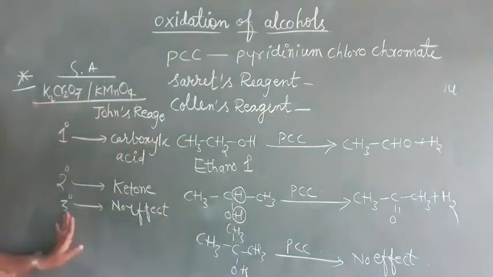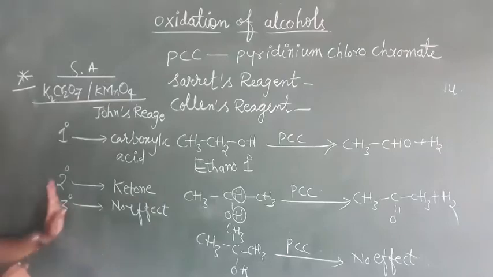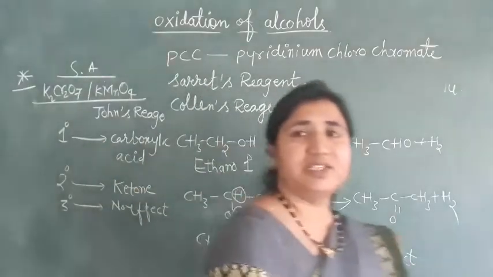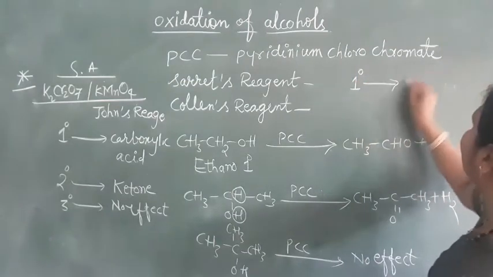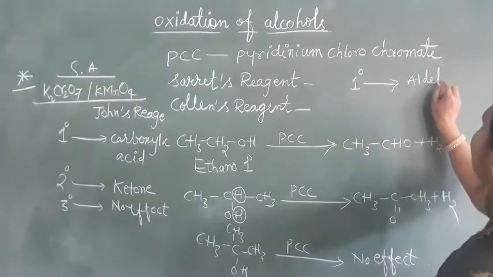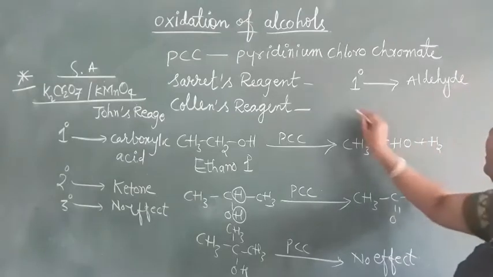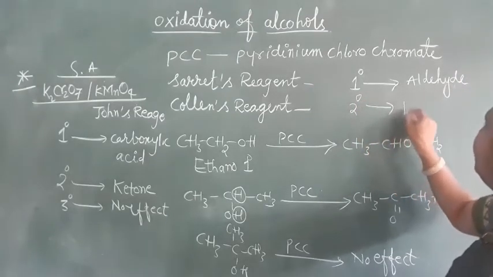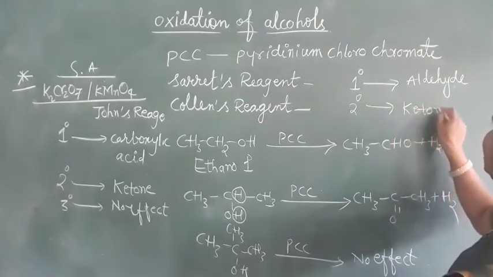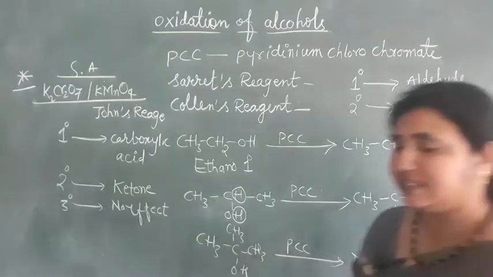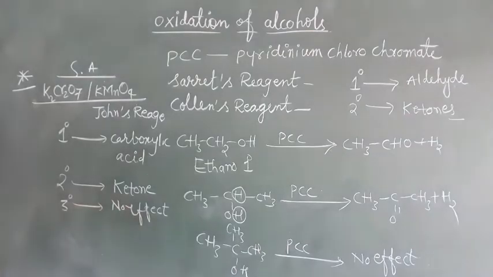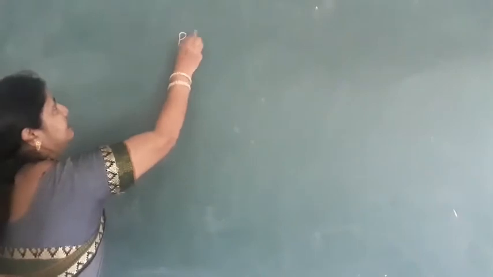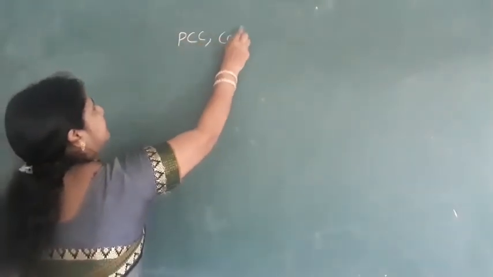And if you take a mild oxidizing agent, the primary alcohol gives aldehyde, and secondary alcohols give ketones. Remember these points for oxidation of alcohols. The mild oxidizing agents are like PCC and Collins reagent.